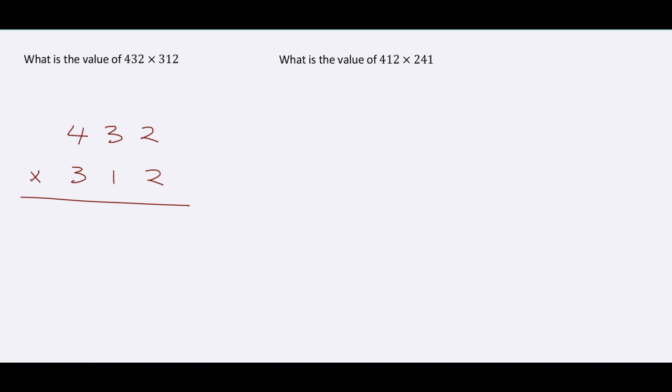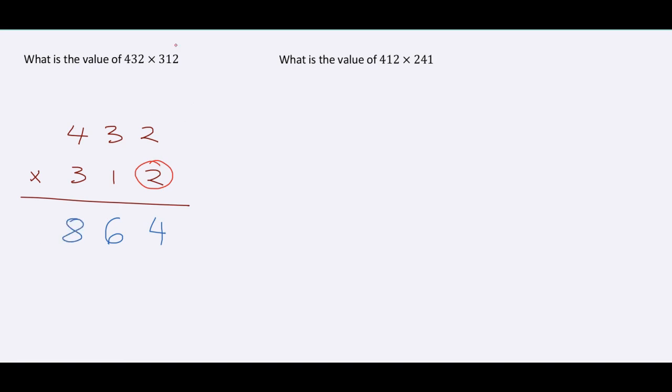So let's look at the numbers we're going to multiply by. We start by multiplying by 2. So we have 2 multiplied by 2, we have 4. 3 multiplied by 2, we have 6. And 4 multiplied by 2, we have 8.